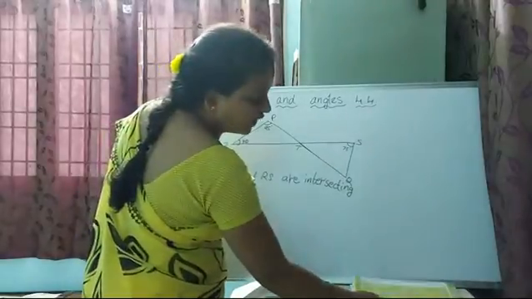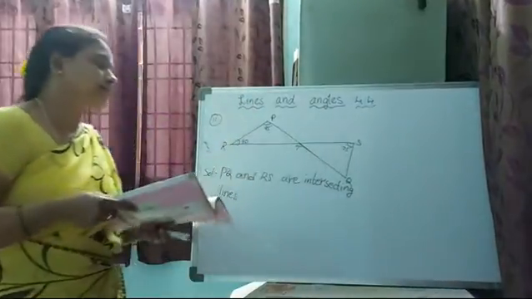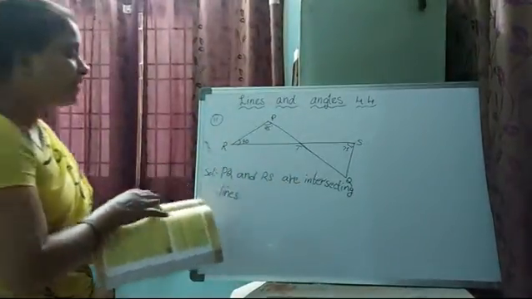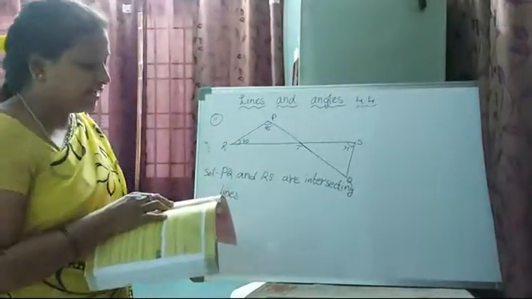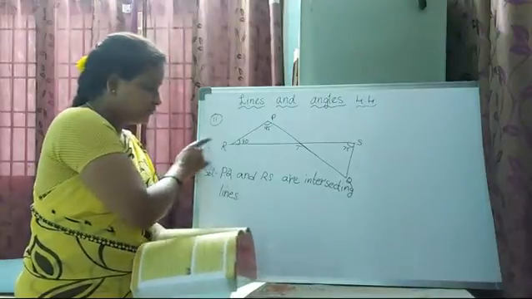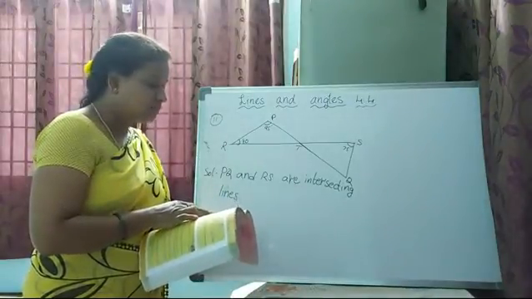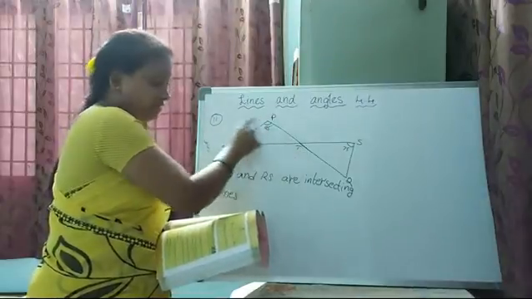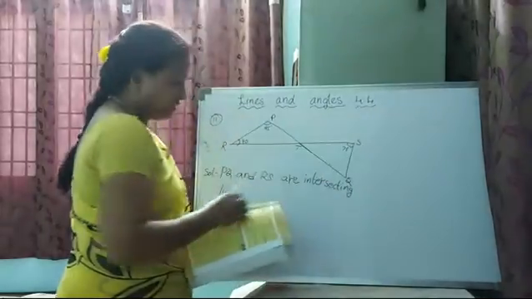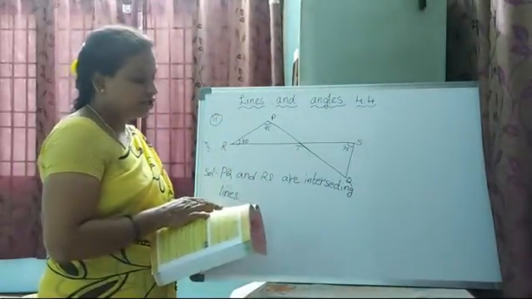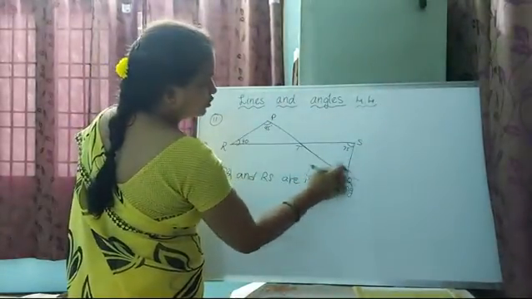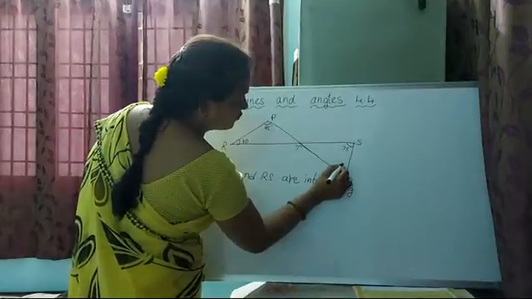They meet at point T such that angle PRT is equal to 40 degrees, angle RPT is 95 degrees and angle TSQ is 75 degrees. We have to find out angle SQT.